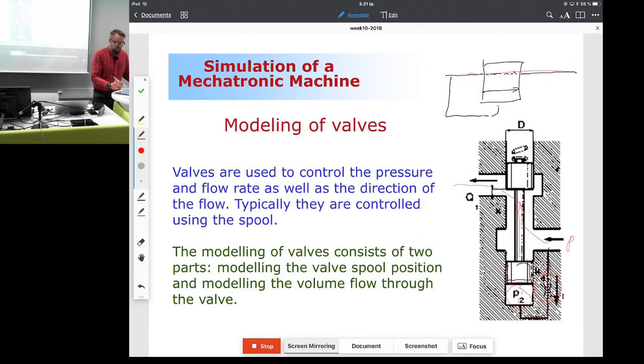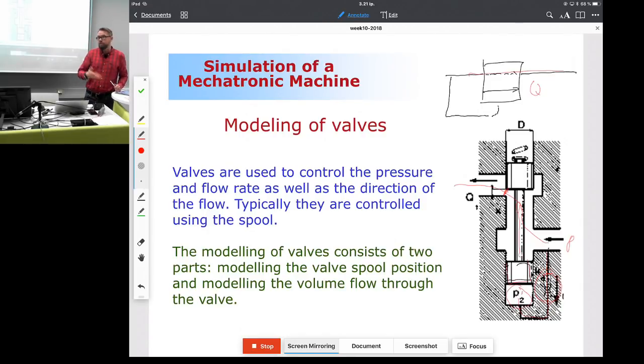Now, in order to estimate the flow rate, we need to know how much the opening is, and the only way to know that is by knowing the spool position. We could make a model including all the physics of these moving components. We could create the equation of motion for the spool, because that's where we are very good.